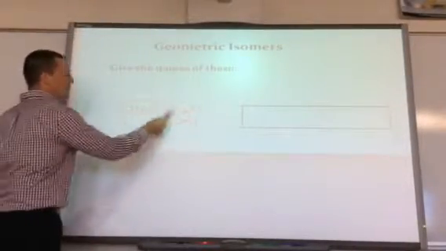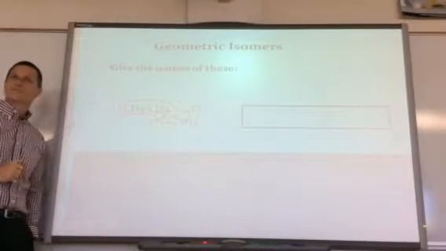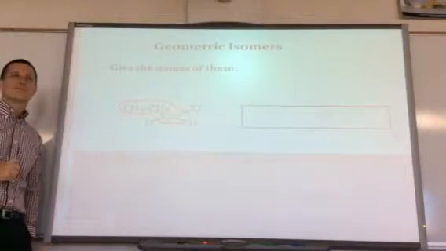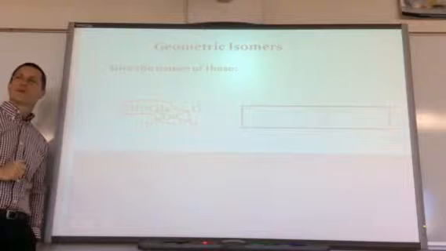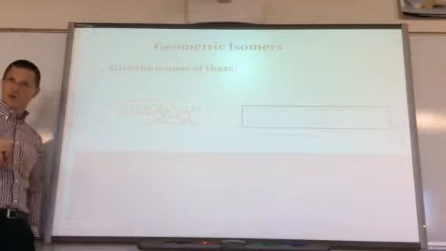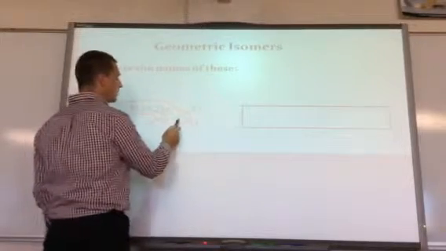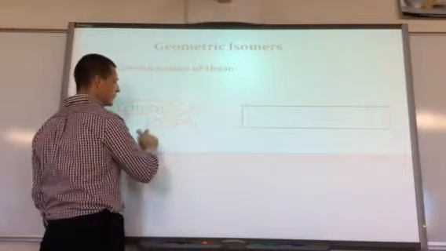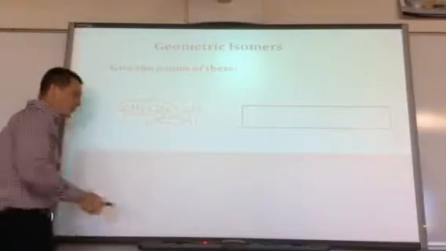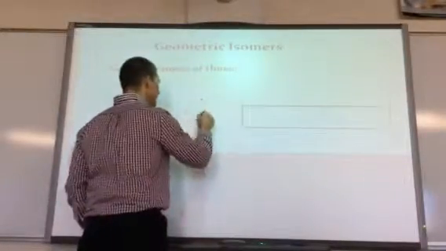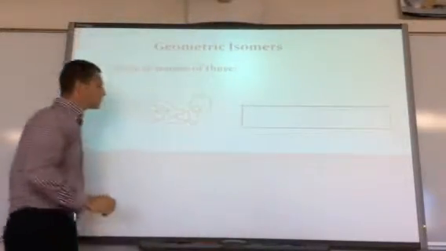Anyway, what is the name of the parent in this molecule? Butene. It's butene. Not just butene, though. 1-butene. Carbon number 1 is right there because we want to minimize the numbering of the carbons. And then we have that functional group.